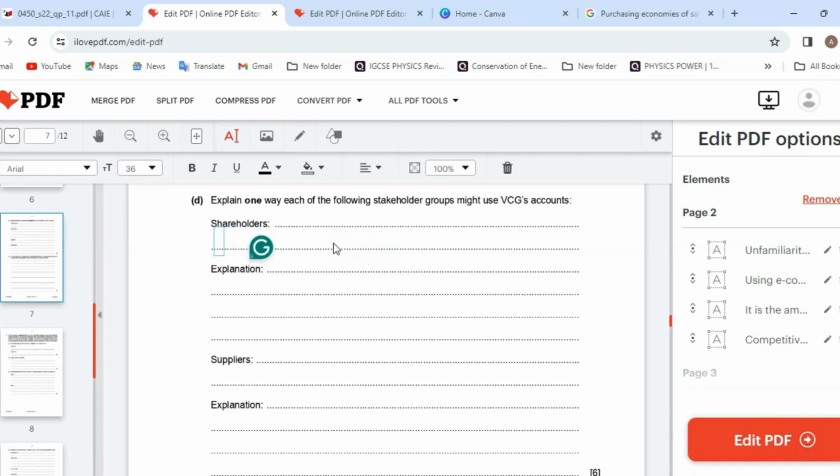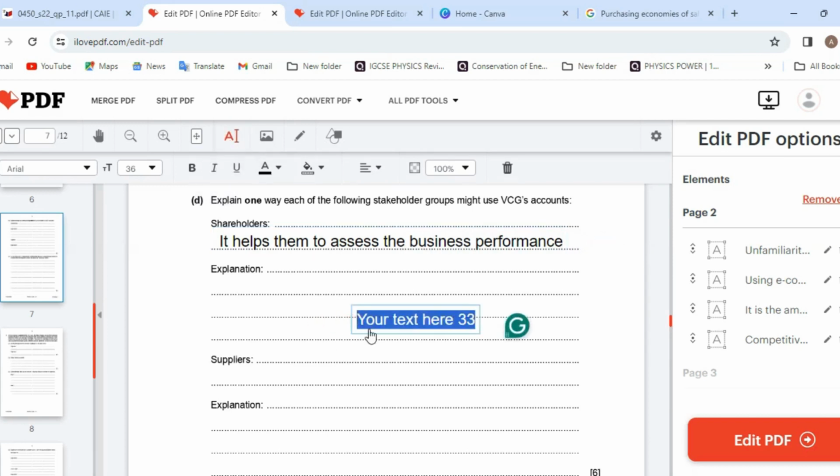Let's say it helps them to assess the business performance. That's the point. Now let us put the explanation underneath.